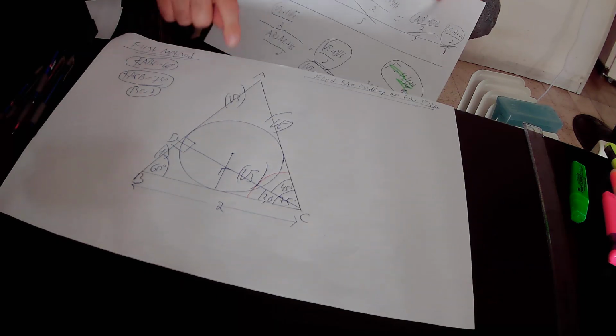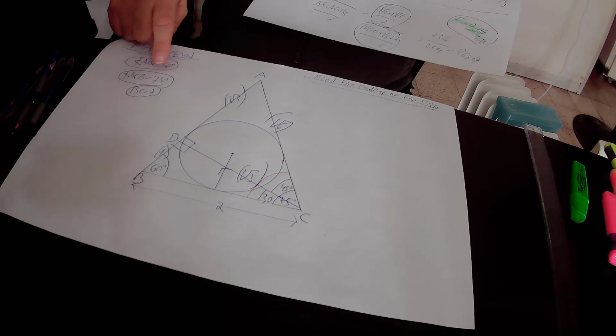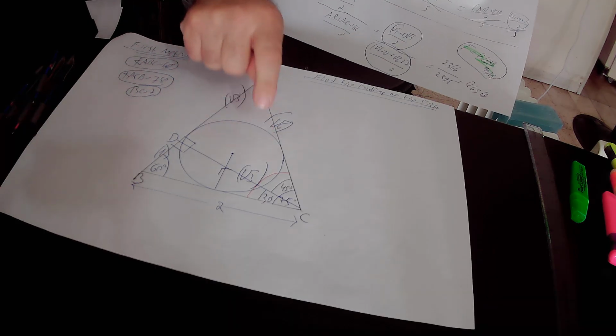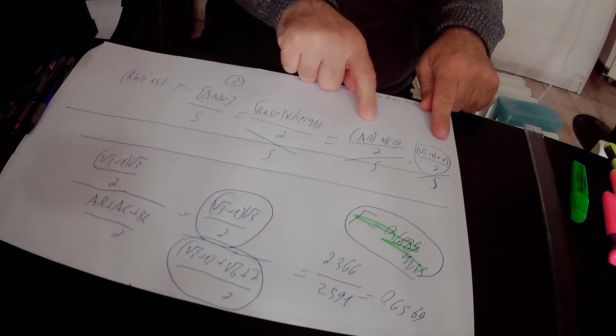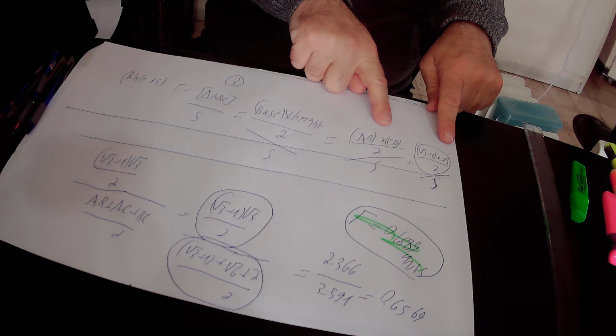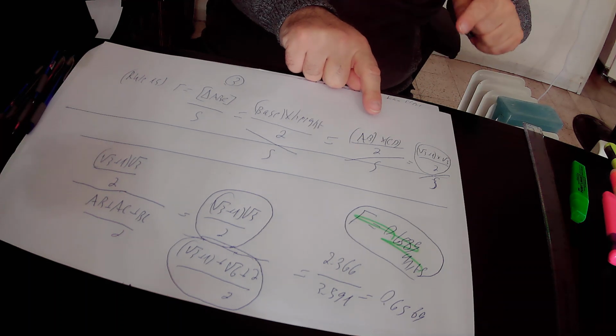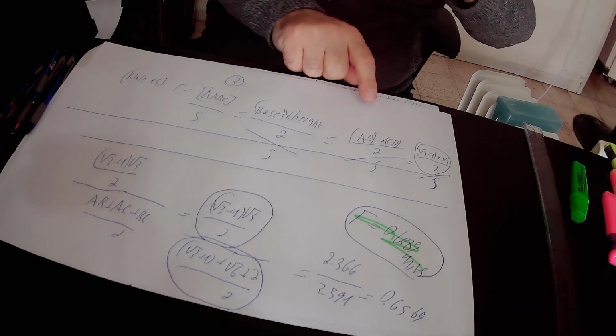AB equals the square root of 3 plus 1, and DC equals the square root of 3, divided by 2, and we have to divide it by S.